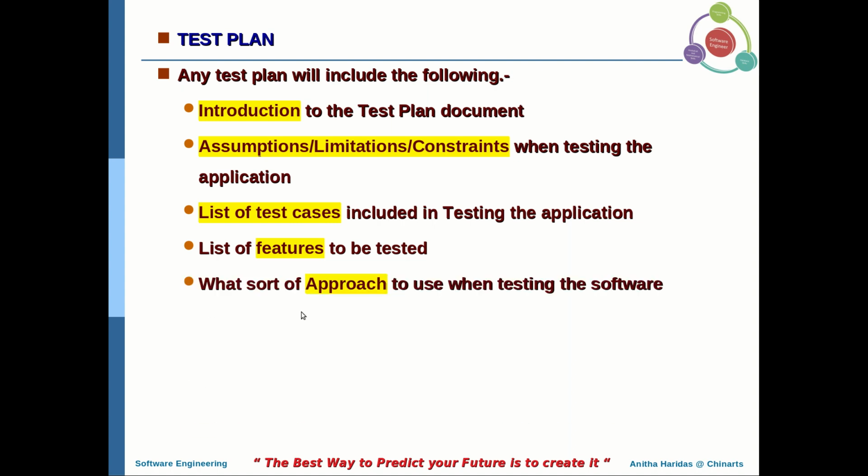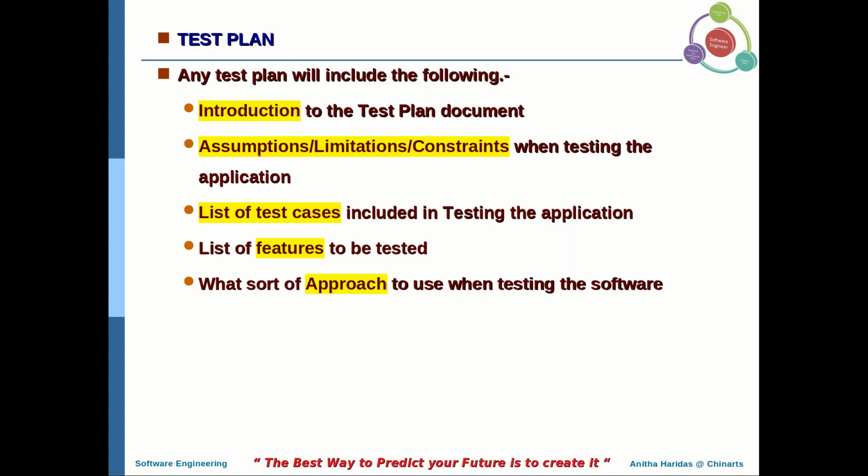Then what sort of approach to use when testing the software? That is what we mentioned in the previous slide as strategy. Sometimes when you are testing, you may want to test only the output that is generated by a function.